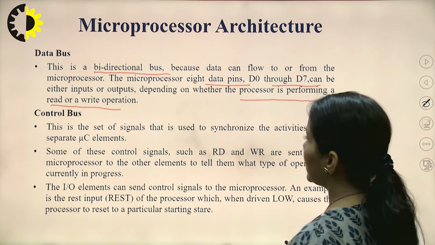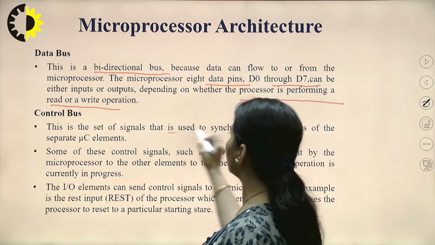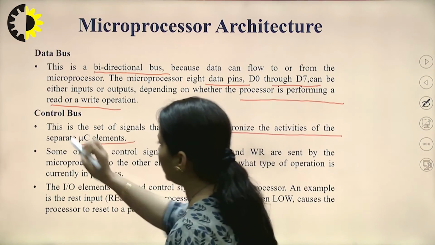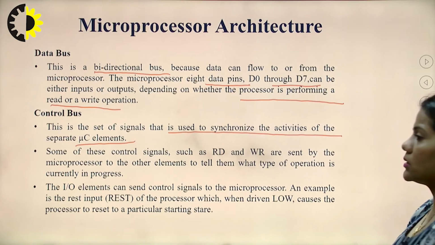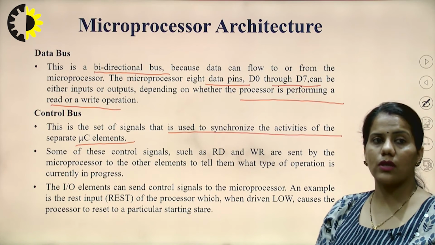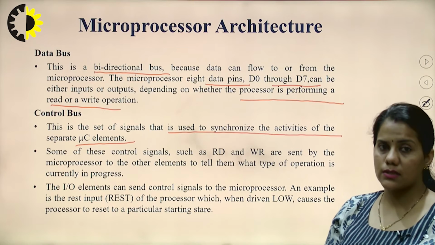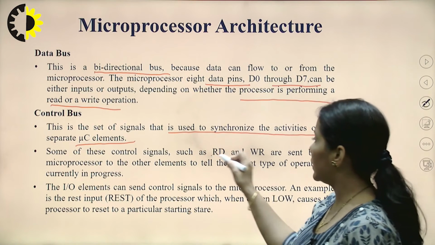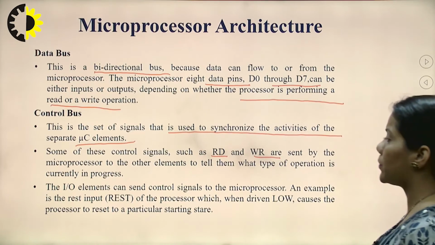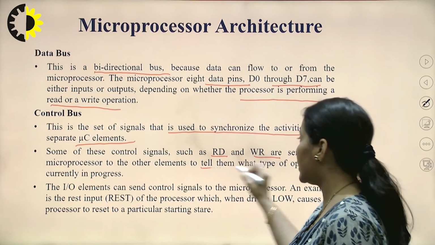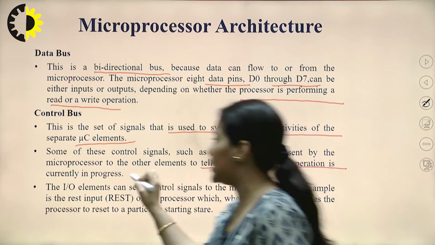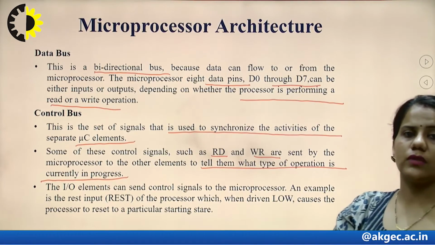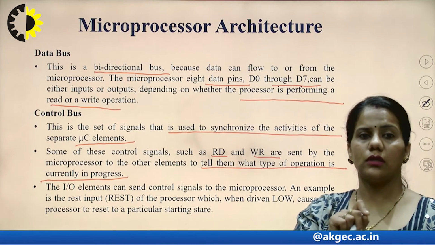Now the control bus is the set of signals that is used to synchronize the activities of the separate microcomputer elements. So these control signals are used to synchronize the various control and status activities. Some of these control signals, such as read and write, are sent by the microprocessor to the other elements to tell them what type of operation is currently being done, that is, whether the write operation or the read operation is being done.